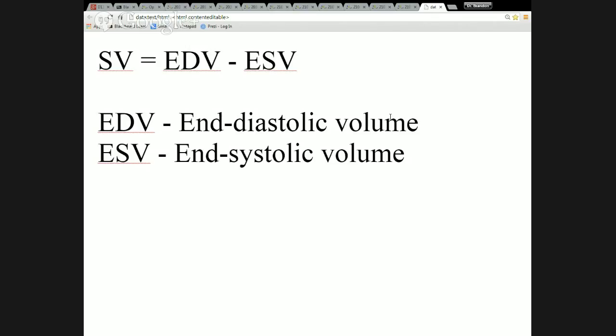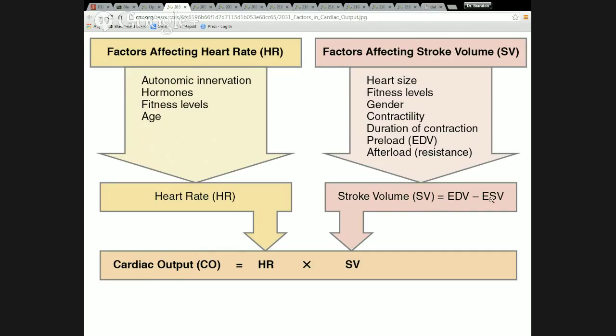With each contraction, there's going to be some left over. If it were to completely empty out, then the ventricle would have to be completely collapsed and no space left over. And it isn't ever going to do quite that. So that's what stroke volume is. It's the difference between the highest volume and the lowest volume in the ventricle.